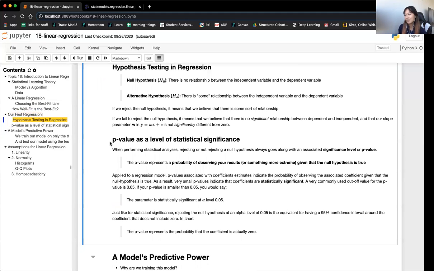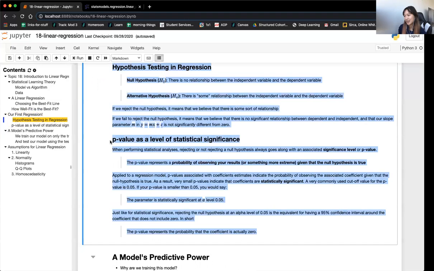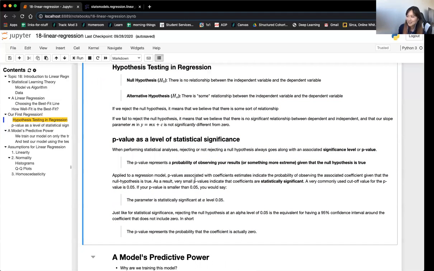Cool. This is just a reminder of what p-value is. Basically, if you have a p-value of lower than 0.05, the p-value means that it's a probability that the coefficient is actually 0.